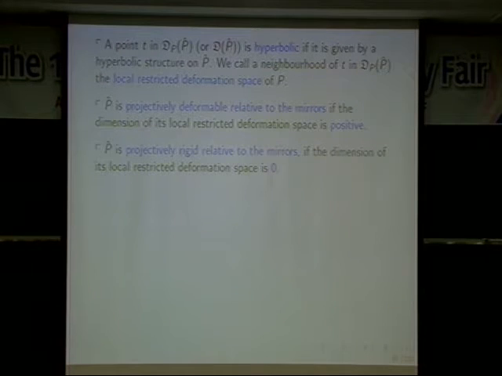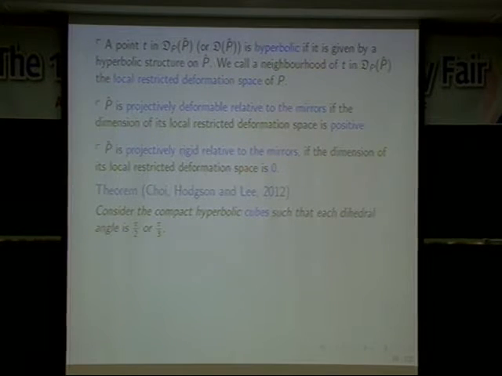Once again, P hat is projectively deformable relatively to the mirror if the dimension of its local restricted deformation space is positive. If it is 0, then we call it projectively rigid relatively to the mirror. If we just consider the local deformation space, then we just say P hat is projectively deformable without the restriction.